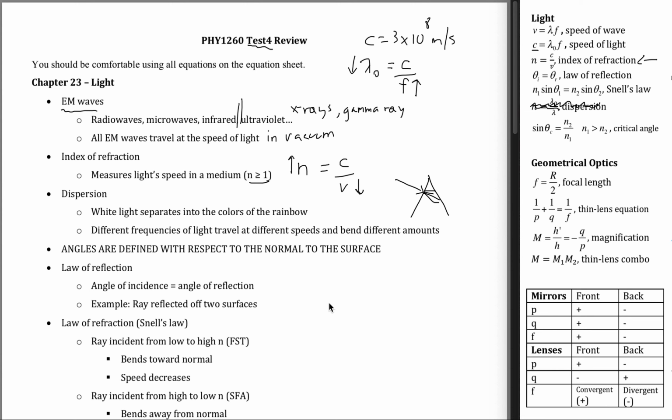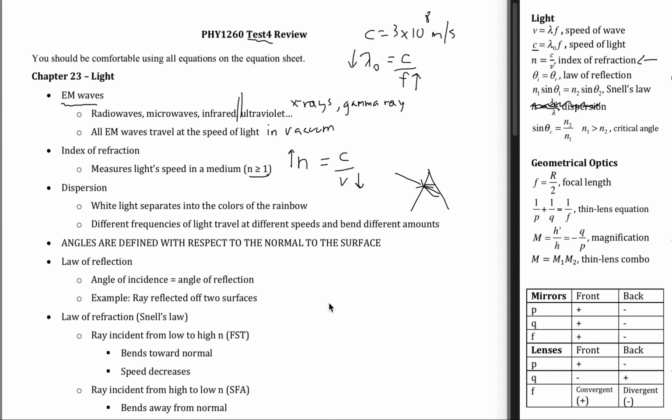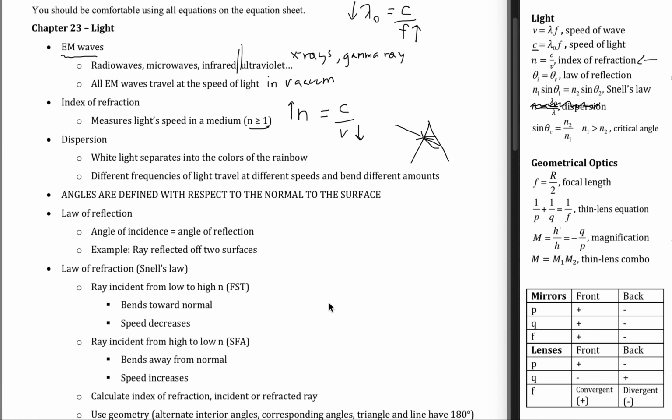Then the next topic is going to be looking at light as rays and then looking at how those rays behave when they go from one medium to another. So let's look at the first thing here, which is the law of reflection. When you have a ray of light incident on a surface, first of all, you always want to define the angle of that ray with respect to the normal.